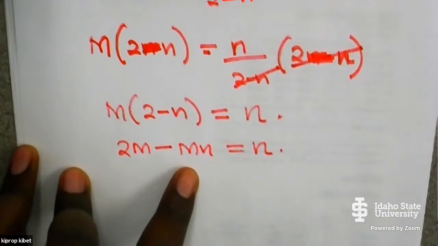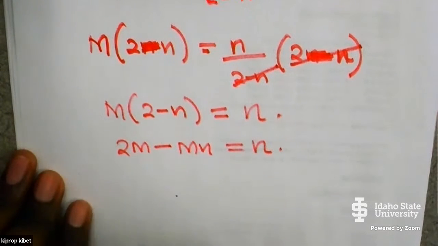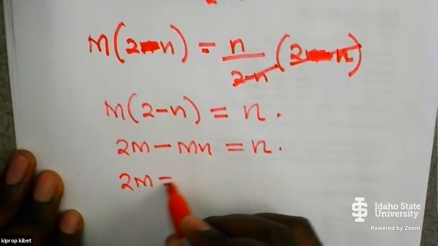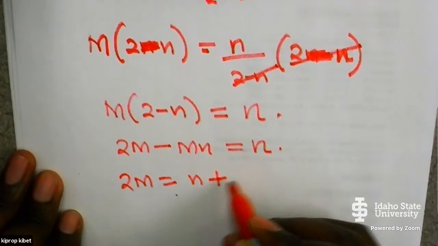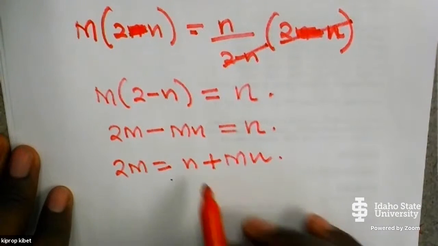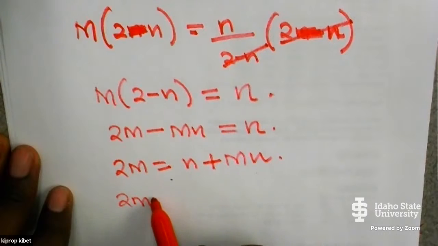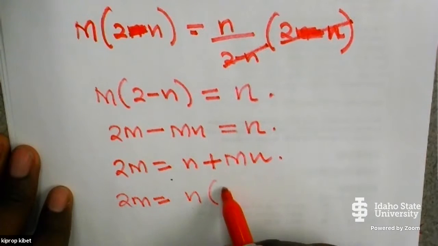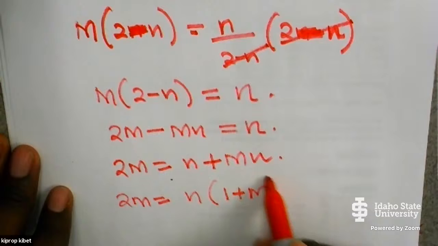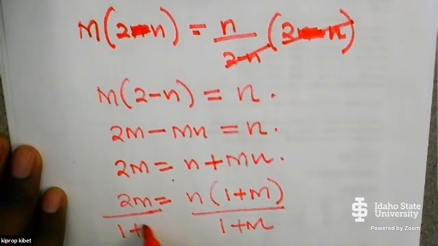So then what do you do next? You take this mn to the other side, right? So 2m equals n plus mn. And then you factor out what? n. So 2m equals n(1 plus m). Then you divide by 1 plus m, divide by 1 plus m.